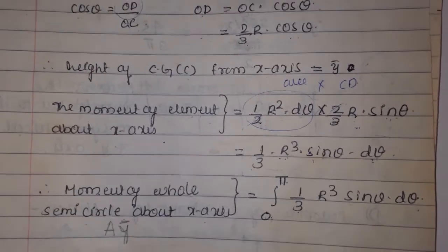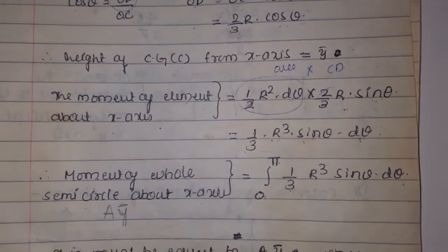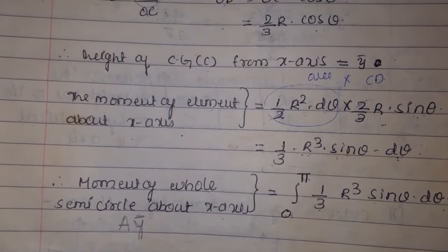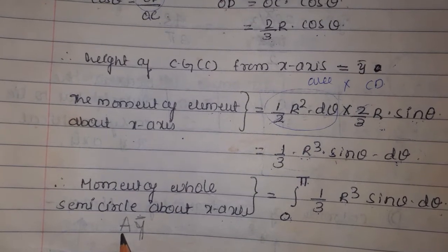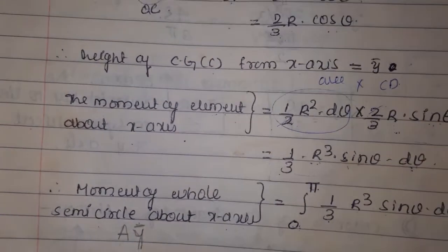About the x-axis it is y bar, about the y-axis it is x bar. You have to remember that. So this must be equal to A into y bar, where A is the area of the semicircle and y bar is the distance of CG from the x-axis.